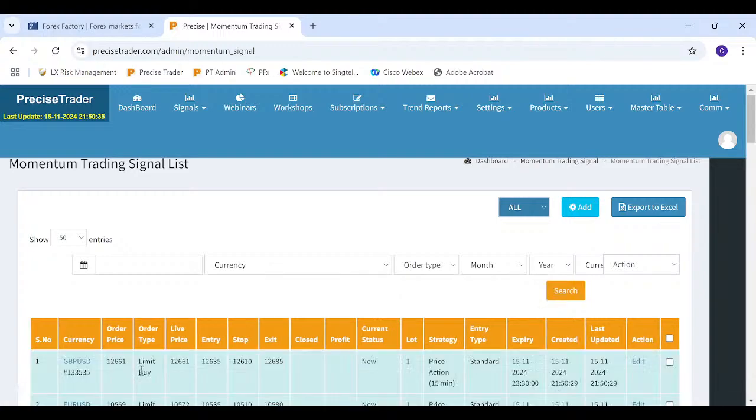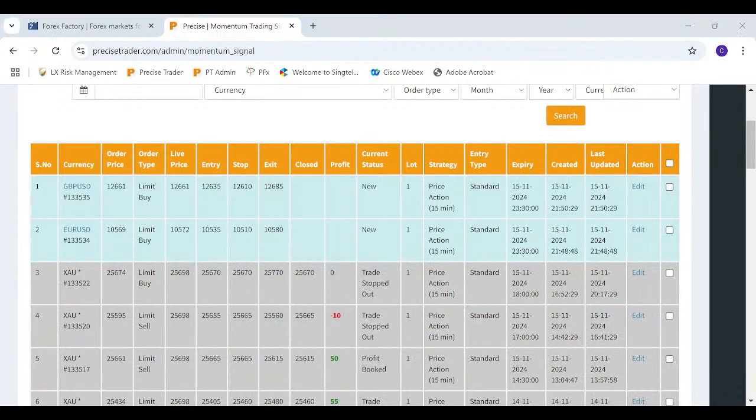Okay, so the dollar yen, as we expected, of course, we exited with 40. Right now, this is coming towards the low. So I think we have already missed this trade.